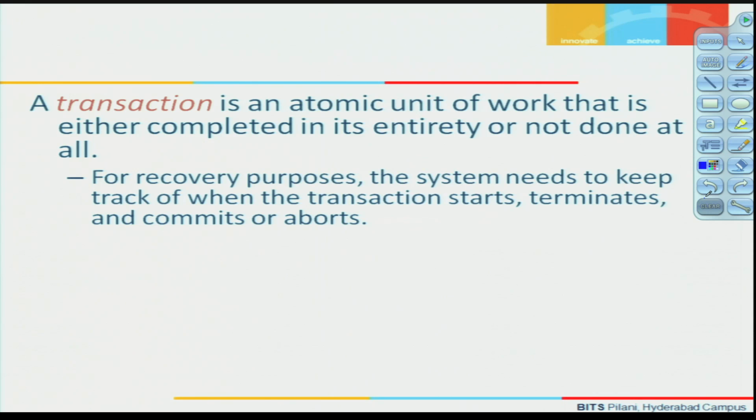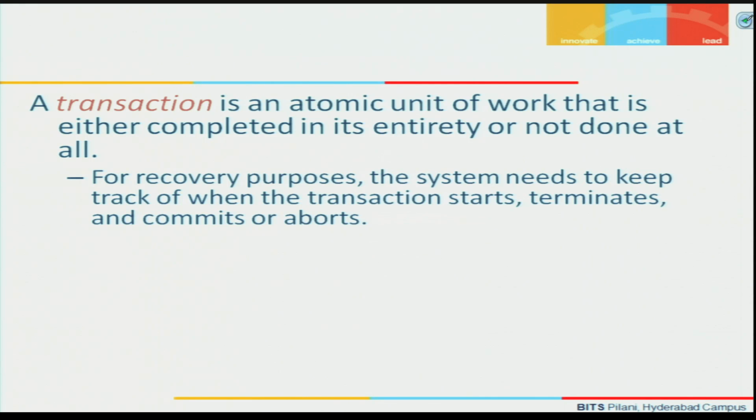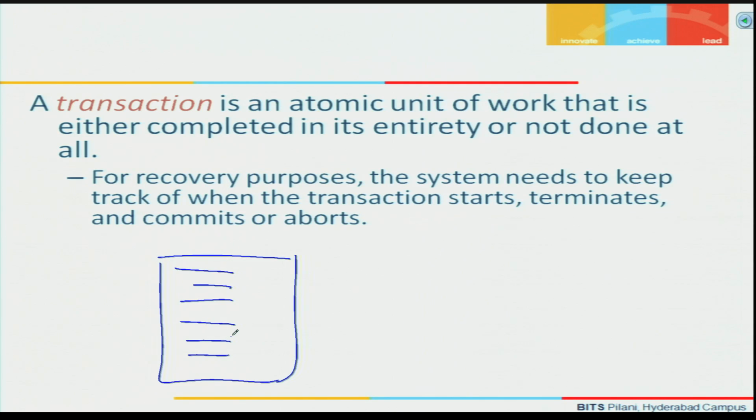A transaction is an atomic unit of work that is either completed in its entirety or not done at all. That is a very, very important property of the transaction. That means we group a sequence of instructions which try to read or operate on the data or write the data back to the database, and call this collection of instructions a transaction.